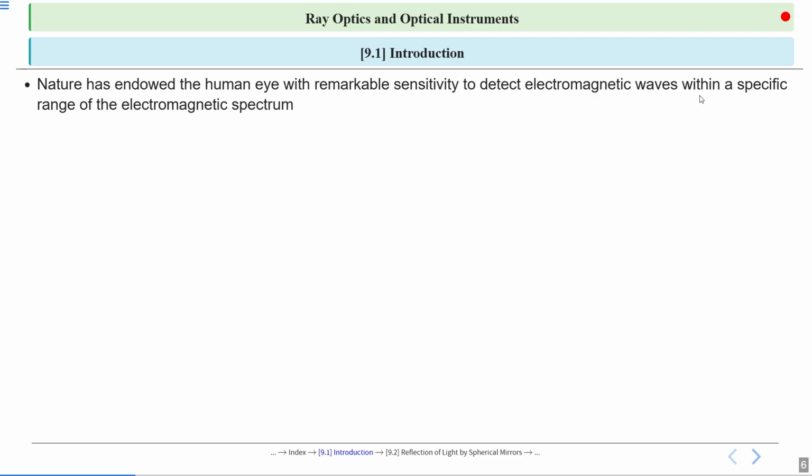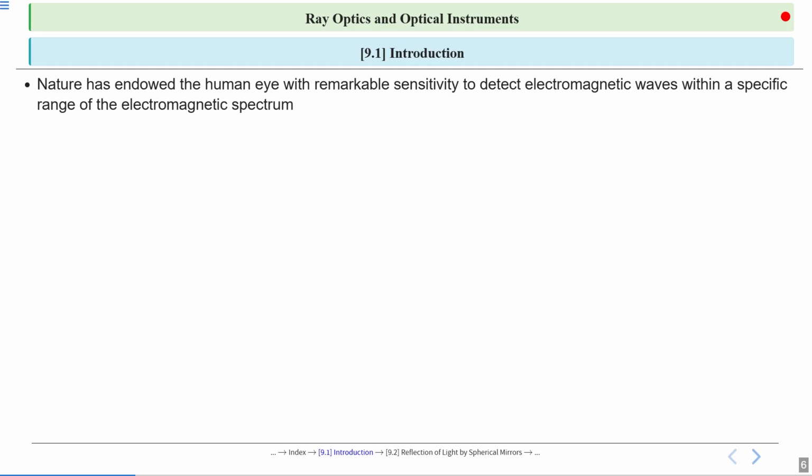Nature has endowed the human eye with remarkable sensitivity. Our human eye can detect only which region of the electromagnetic spectrum? Only the visible region. That's why it is called visible. Nature has given the human eye remarkable sensitivity to detect electromagnetic waves within a specific range, and that range is called the visible range of the electromagnetic spectrum, meaning 400 nanometer to 750 nanometer.